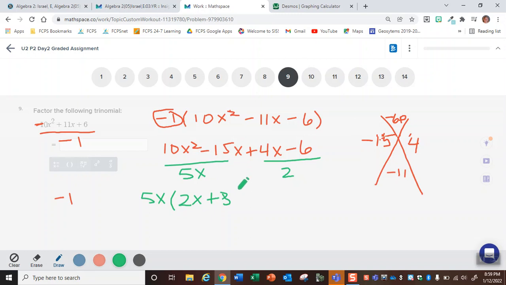And the x's are going to cross out. Put the 2 in front here. Divide, 4 divided by 2 is 2. Negative 6 divided by 2 is negative 3. My signs are messed up for some reason. Oh, this is actually a minus 3.